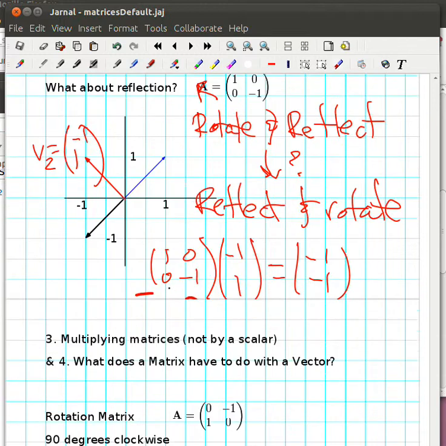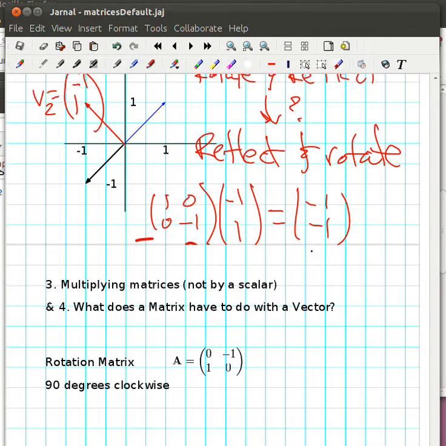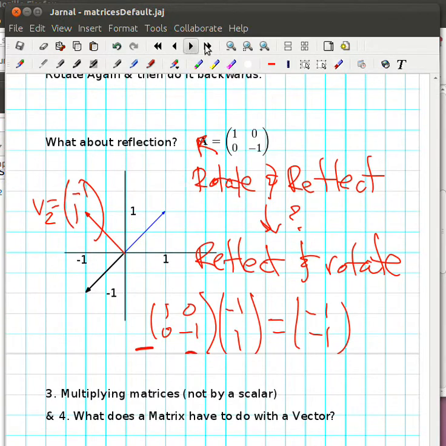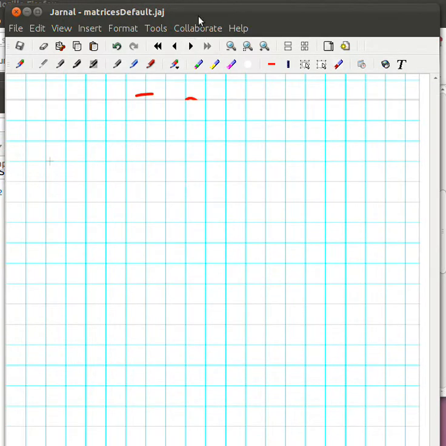So let's do it the other way. Let's reflect it first and then rotate it. Okay, let's go to a new page here. So remember we had our original vector v, which was equal to 1 and 1.